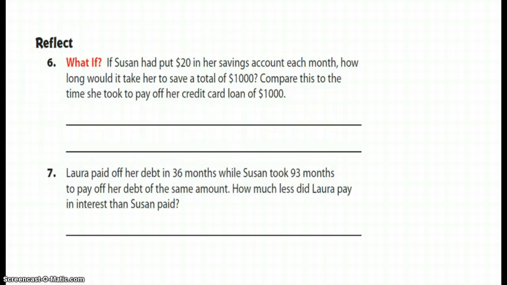Okay, so think about this. If Susan is going to put $20 in her savings account, so this is something like 20x is equal to 1,000, and then you're just simply going to divide 1,000 by 20, and you'll get 50 months.